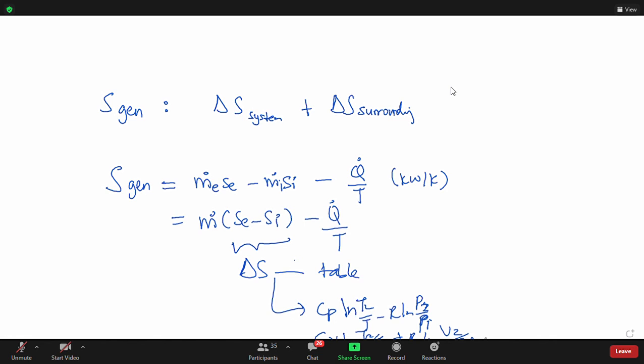Okay, if you want to find this Q, you must make sure the surrounding term will be Q surrounding over T surrounding, right? And this T must be in what unit, everybody? Kelvin. Now, this Q here is for the system. If you use this equation, this Q is for the system.